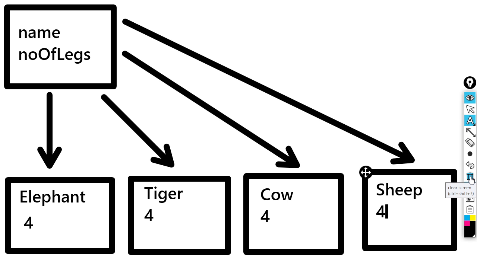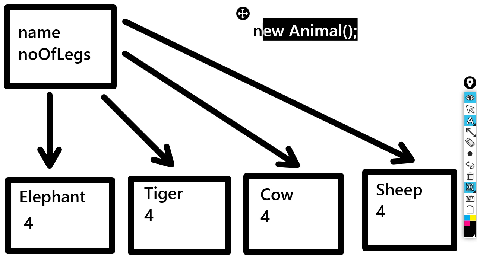Now, how are we able to store this information and what do we need to do to create this kind of object? Creating an object is easy with the help of a single line of code, that is new animal and these brackets. With this, we can create a new object.